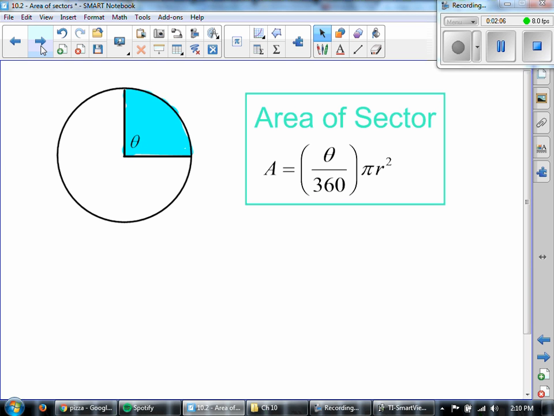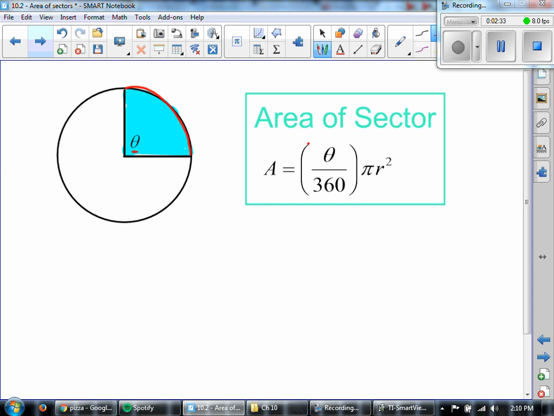Okay, so area of a sector. Remember when we did arc length? Arc length, we took the central angle, which again here is theta, right here in your middle here. That's theta. And we multiplied it by your circumference. Same type of thing here, except we're going to take the central angle that intercepts the arc and multiply it by the area.